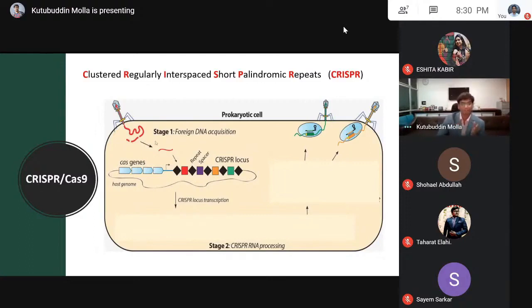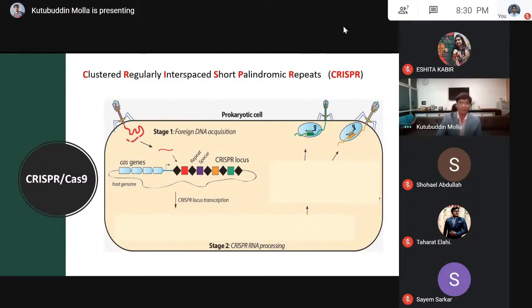If you see here, whenever there is a viral infection, any virus inserts its DNA into the host cell. This is their normal nature. If you see our coronavirus infecting a human cell, they similarly insert their genetic material into the host cell.